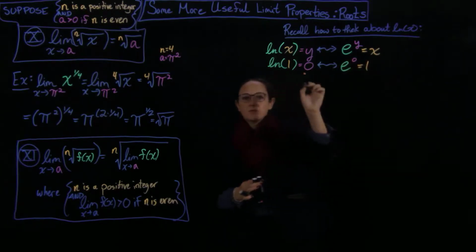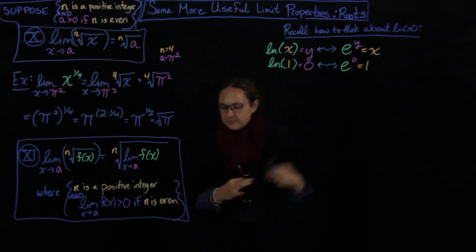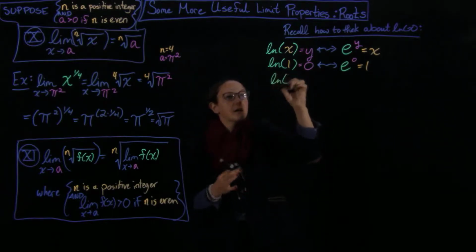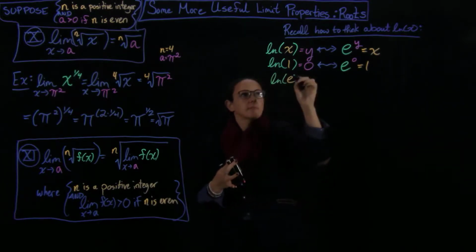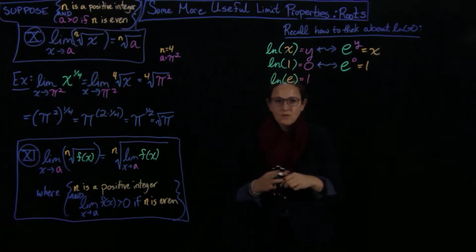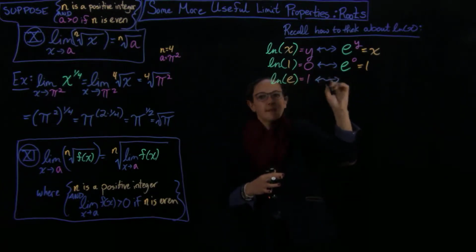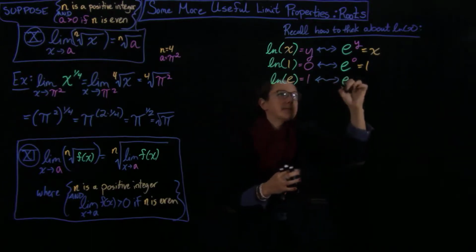So you could have used that to figure out what's going on here. And then also the natural log of e equals 1. One could think of this as coming from an equivalent statement, that e to the 1 equals e.